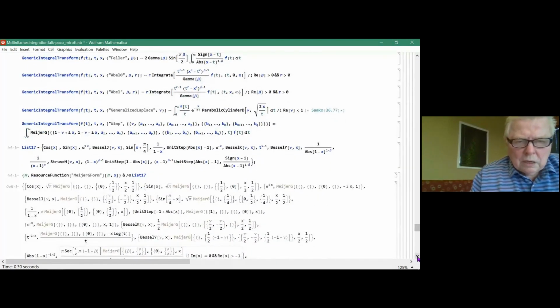We can write kernels of this list of function transforms, and then we can apply MeijerG form from kernels, and you will see that each of these kernels is a MeijerG function.